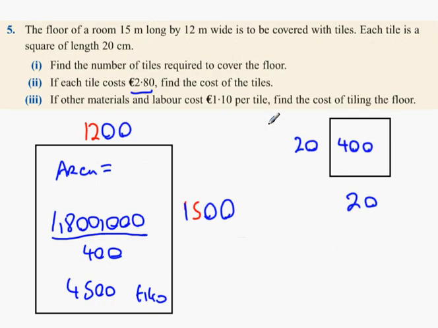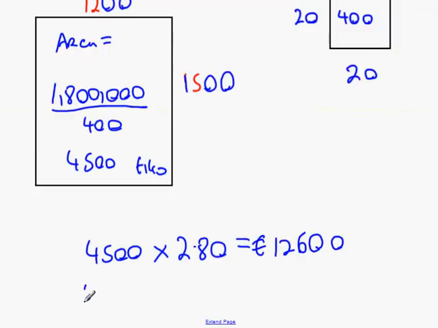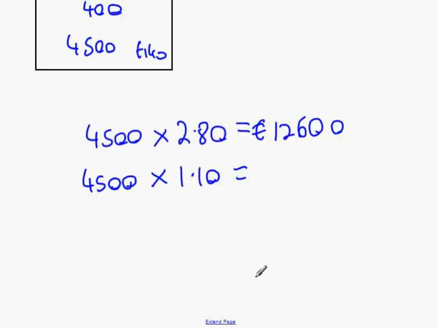But we have to charge for the work as well. It costs €1.10 per tile. So how many tiles are we laying down again? We're laying down 4,500 tiles multiplied by 1.1, and what do we get? Anybody?